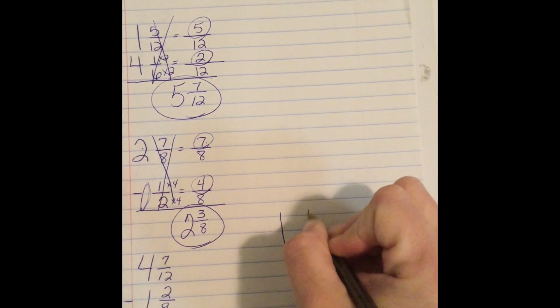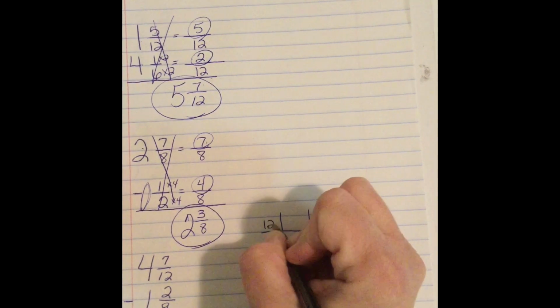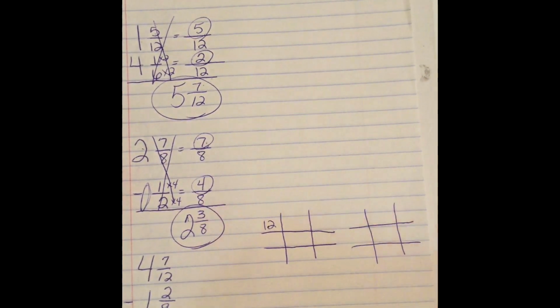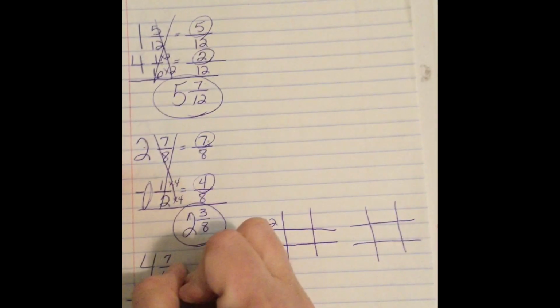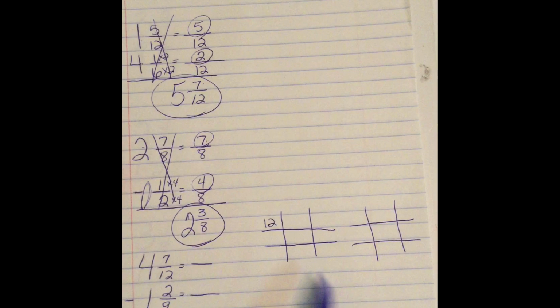Okay. 4 7/12 minus 1 2/9. Okay. You might have to do a little bit more work on this one. So we're going to make an equivalent fraction after we find the least common multiple by doing the tic-tac-toe boards.